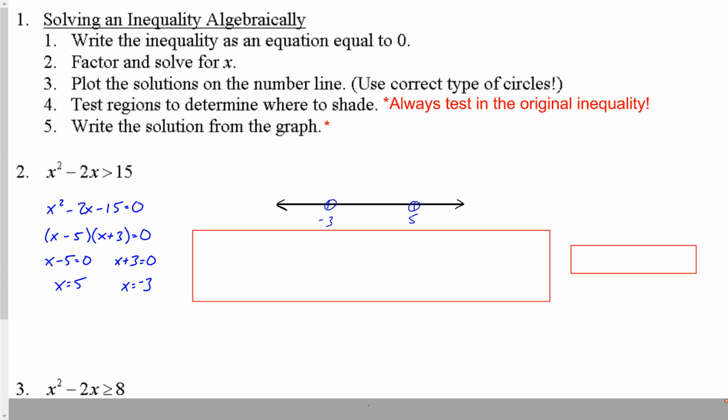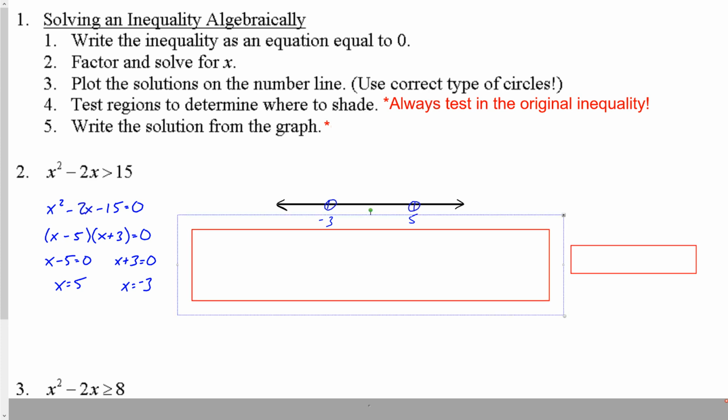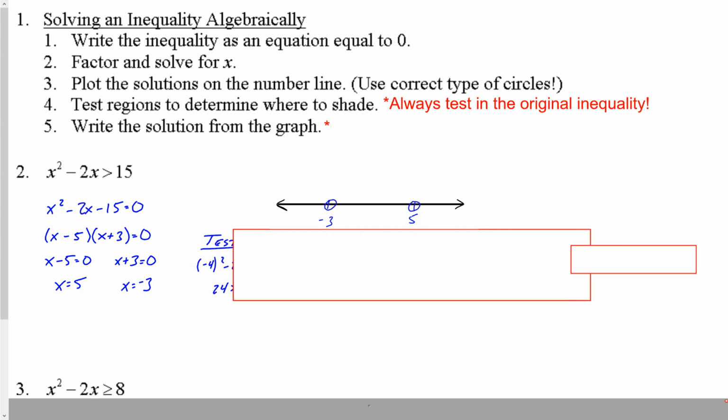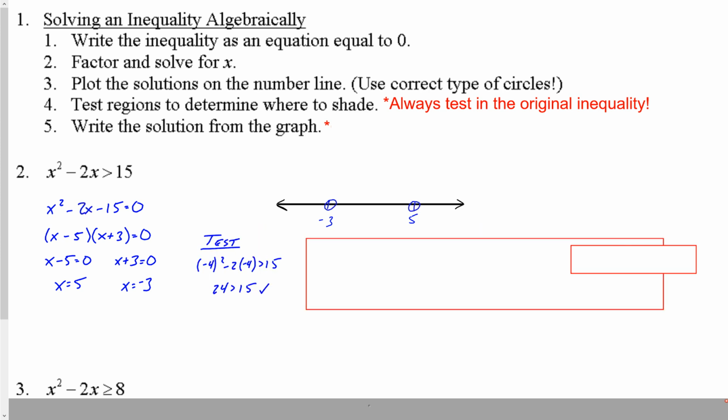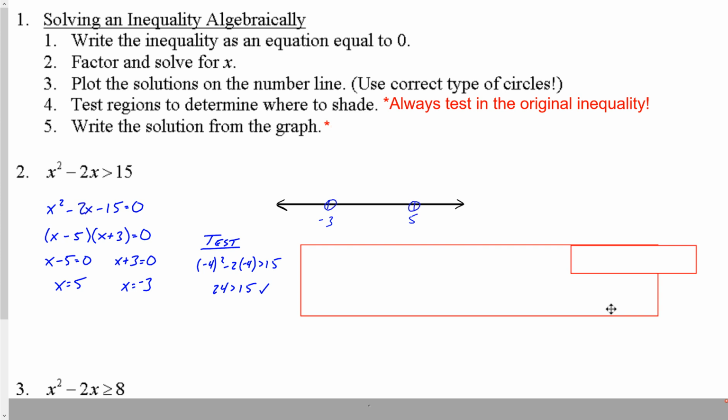So let's say on the left side, in that furthest region, I pick negative 4. So I plug negative 4 in for all the x's. I evaluate that using order of operations. So I get 24 is greater than 15. That is a true statement, so I have the check mark next to it.